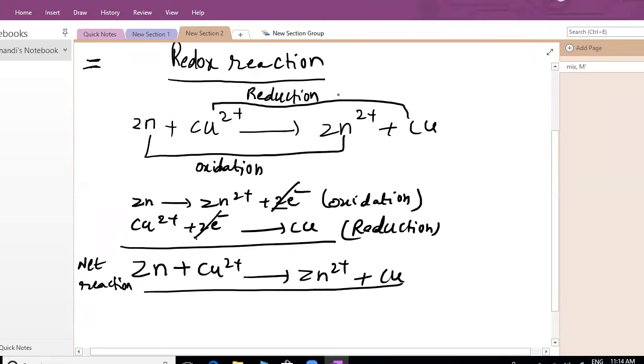That's why I'm using this one: because of zinc, that's why I'm using this reducing agent also, sir. Another name: zinc, we are going to call by another name, reducing agent.